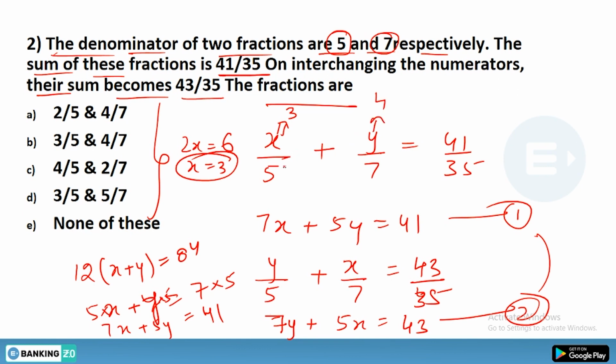That means your fractions are 3 by 5 and 4 by 7, because only then will you get the value according to this situation. So x will come as 3 and y will come as 4. Hence you will solve the question quickly.